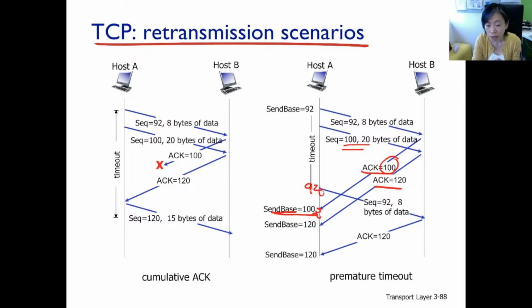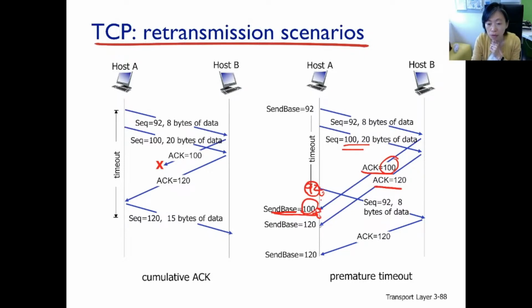So the timer for 92 is restarted here because, hey, timeout occurred, retransmit everything, start timer. So there's already a timer ticking starting from here that is associated with sequence number 92. But here, we restart the timer, and this timer is associated with send base 100.